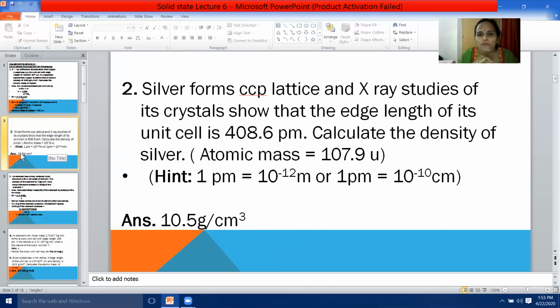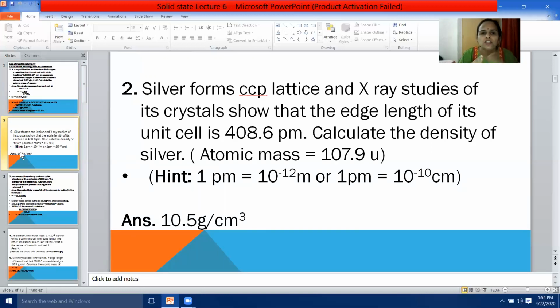So here I give you a big hint first. You need to convert the unit picometer either to meter or to centimeter. We know that 1 picometer is equal to 10 raised to minus 12 meters, or it is also equal to 10 raised to minus 10 centimeter.